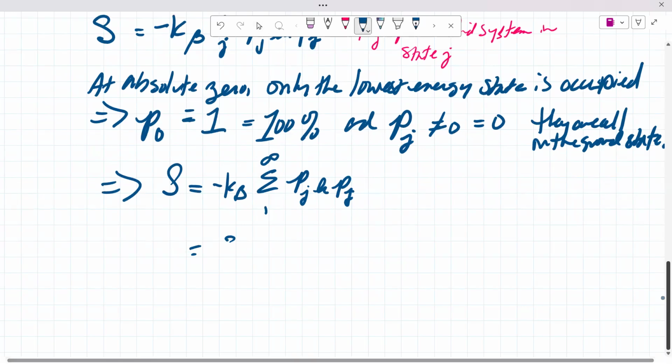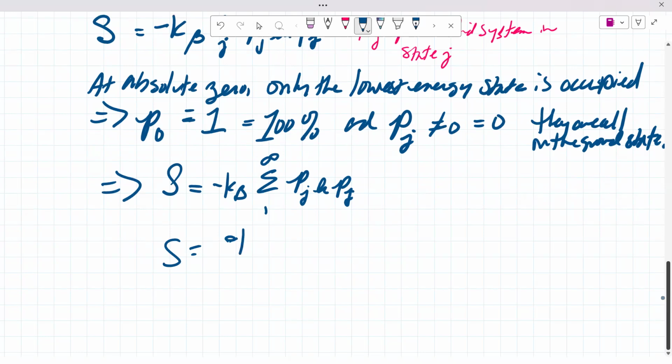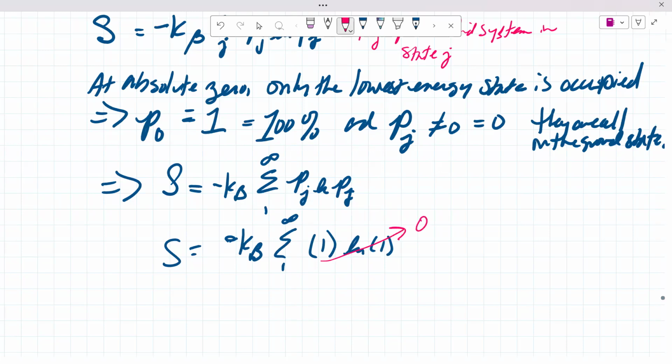So S equals negative k_B sum from 1 to infinity of 1 ln 1. Substitute in your values. And guess what? What's ln of 1? Remember, that's 0. So this whole thing equals 0. In this viewpoint, we see that the entropy at absolute zero equals 0.